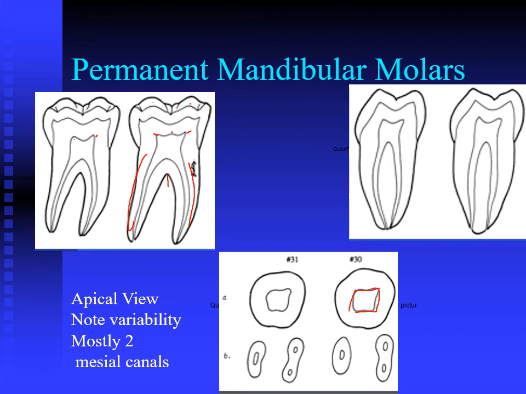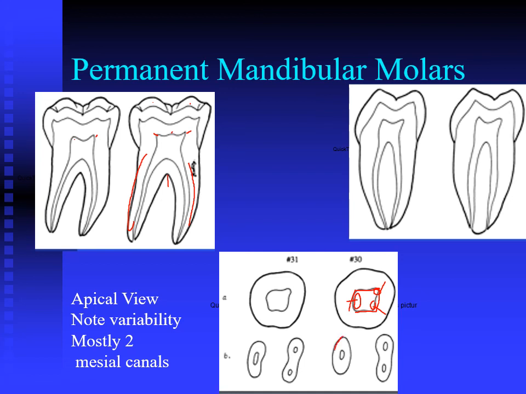You'll see their pulp horns here, or the orifice would be one for the mesiobuccal, one for the mesiolingual, as you see here, and then a fairly larger single canal for the distal root that you see. So mesiobuccal canal orifice, mesiolingual canal orifice, and then distal canal orifice here, as you can see. The root, again, being bifurcated as we go down the root.